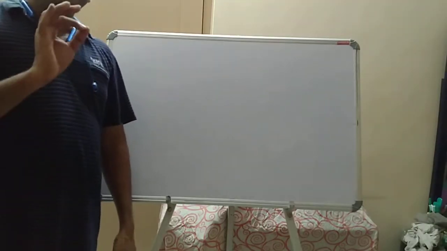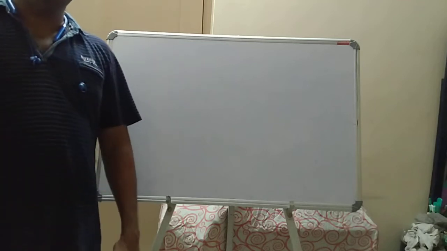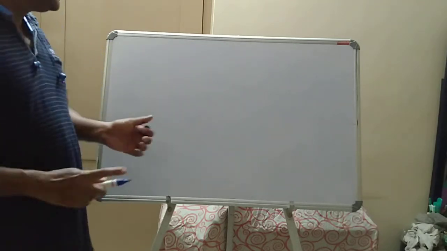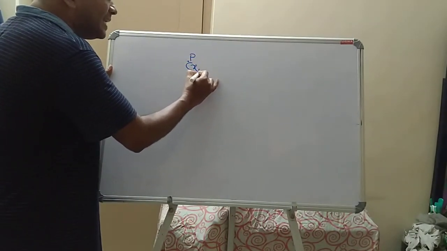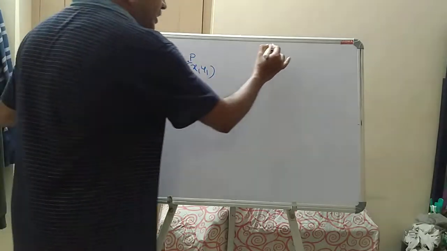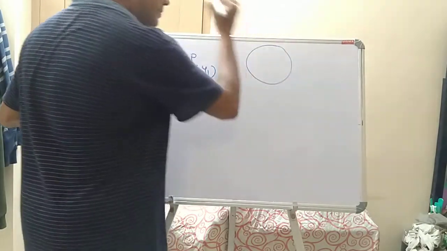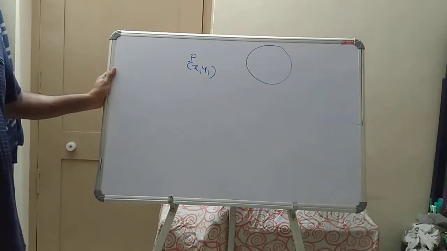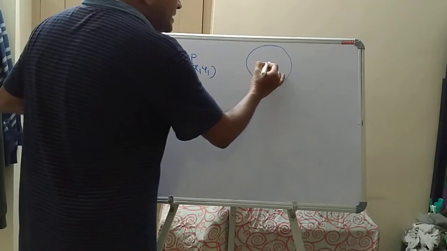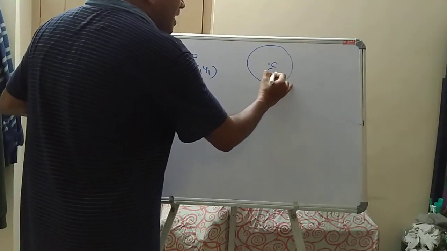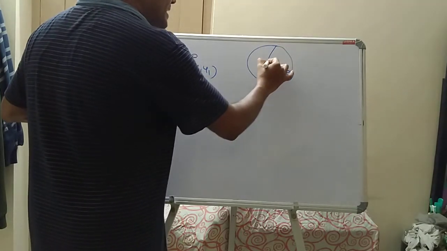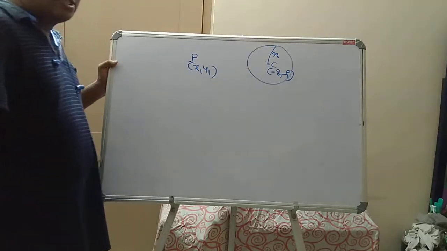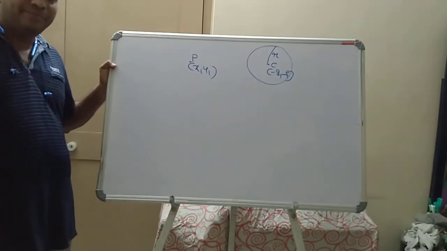Now position of the point with respect to a circle. Suppose a point P(x1, y1) lies outside the circle S = 0. For the circle, the center C is (-g, -f) and radius R is √(g² + f² - c).